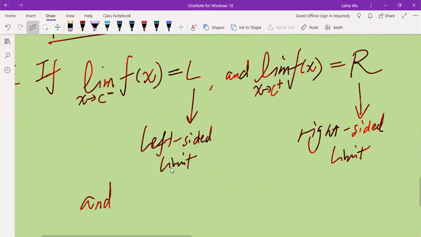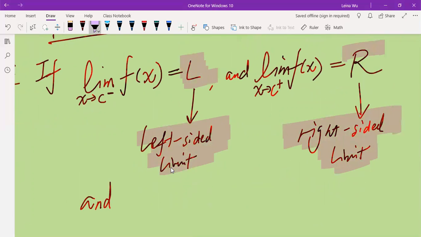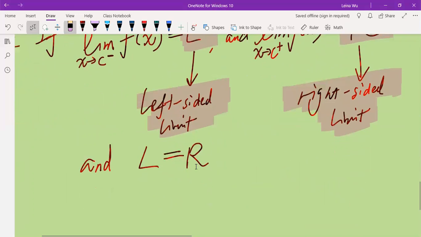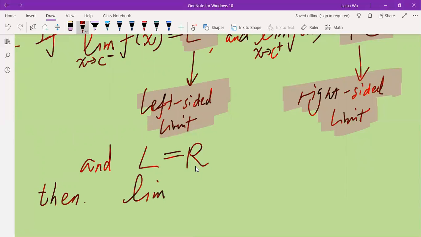And if these one-sided limits, left side and right side, L and R, happen to match each other, L equals R, which means the function is approaching the same amount whether x approaches c from the left or from the right, then we can conclude that the limit of function f of x, x approaches c overall.